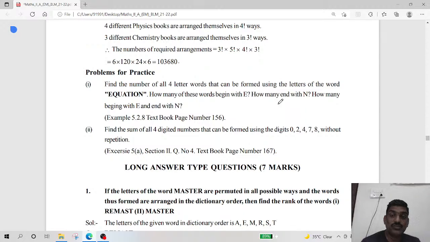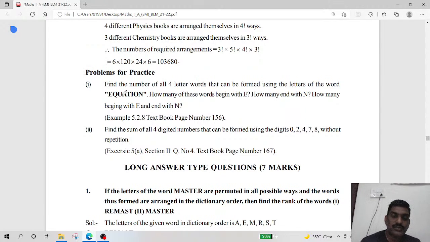And next, how many end with N? That means at the end N is fixed. Again 3 places left. The 3 places can be filled with the remaining 6 letters. And when in the beginning E is fixed and at the end N is fixed, in the middle 2 places are left. The 2 places can be filled with the remaining 5 letters.